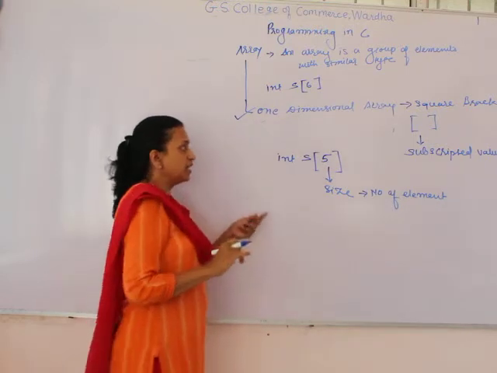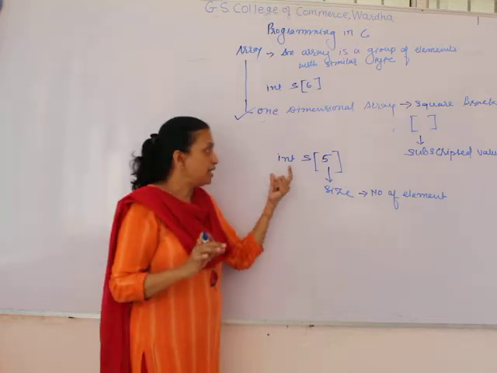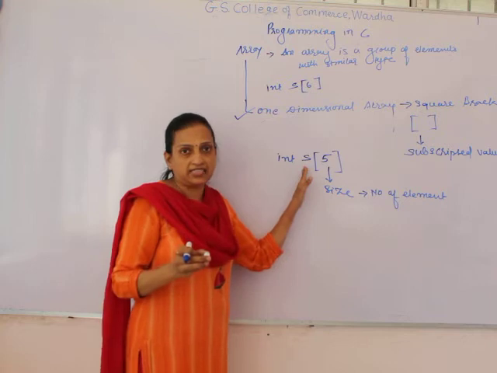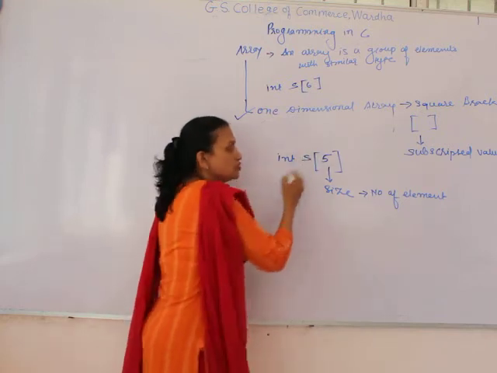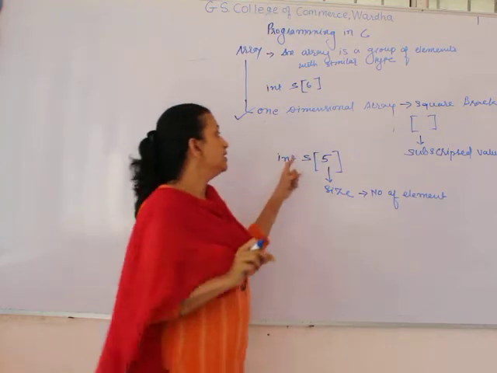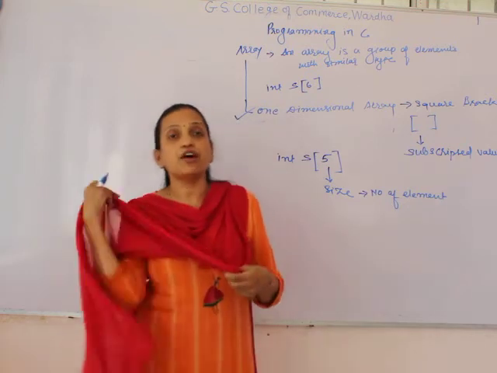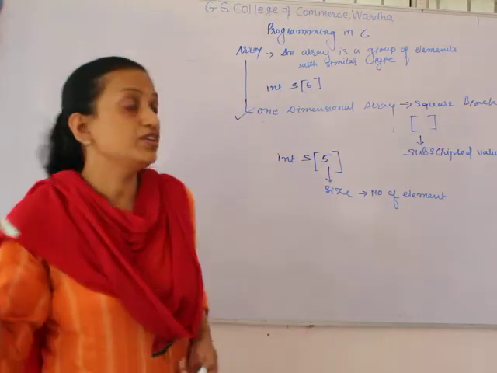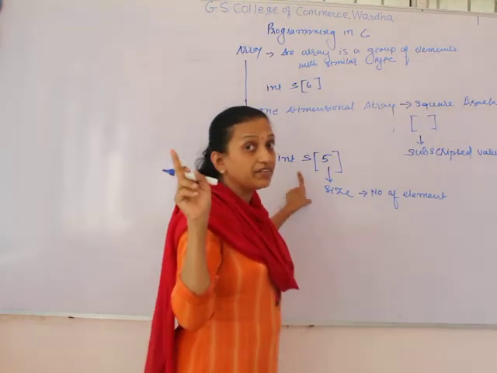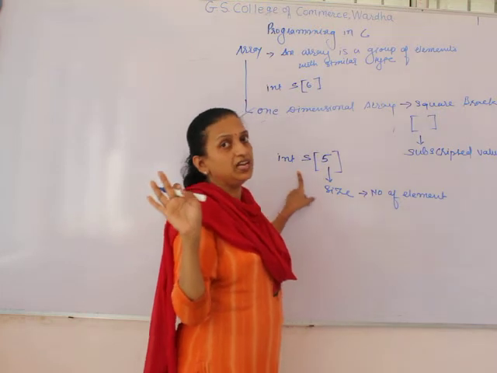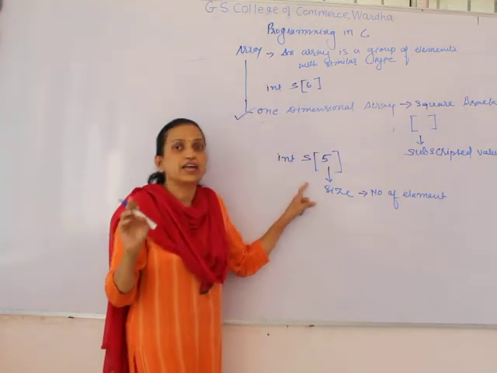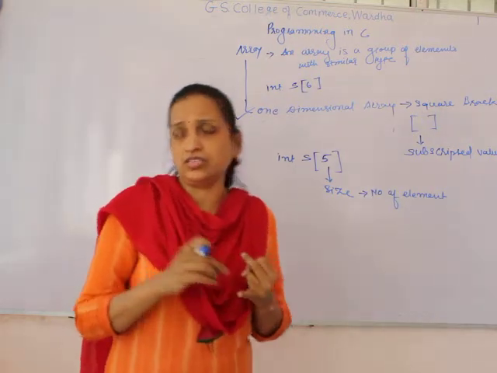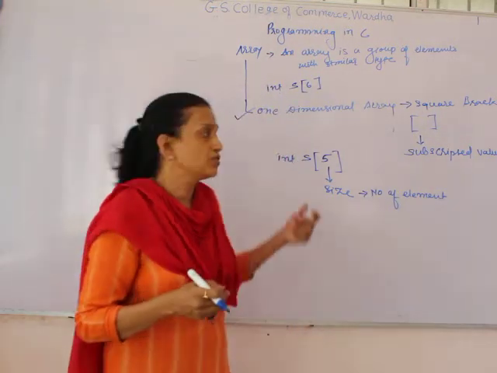How? See, in this example we are taking one variable as, the array variable. While declaring the array variable name, you have to follow all the rules which you followed at the time of declaring a simple variable in your C programming. This array variable is not a keyword.